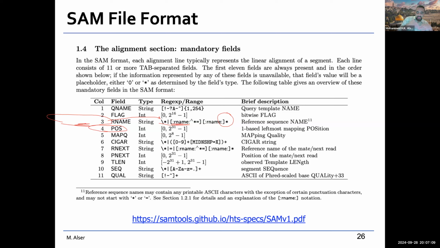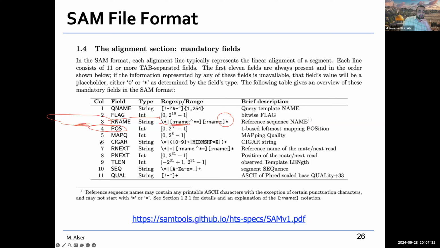So if there are many locations as good as the first location, then the quality will drop quickly because we are confused. We don't know which one to pick. But if there is a single unique location that is similar to the read sequence, then the quality is much higher. We have very high quality to consider over here.